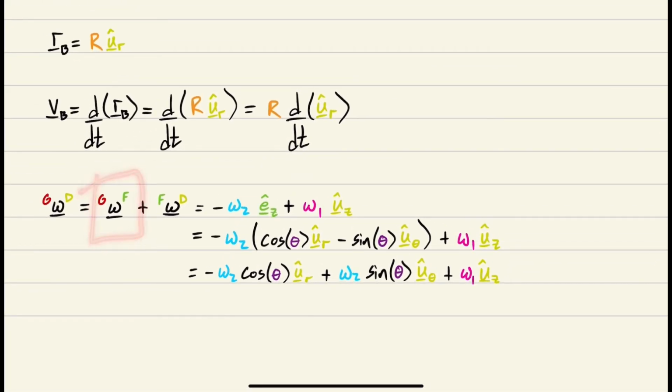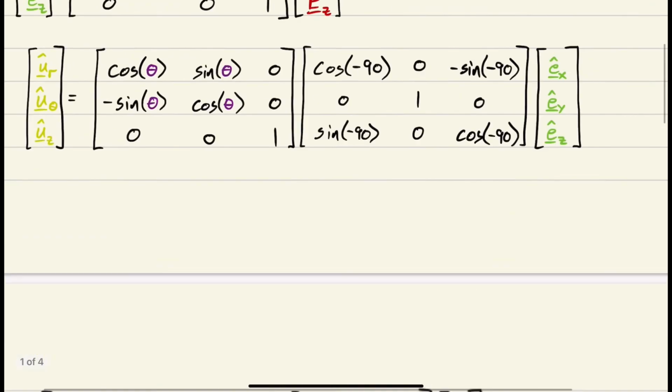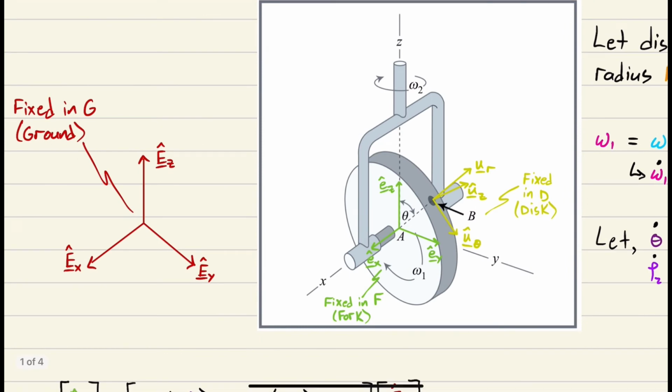F in G, what is that? Well, that's negative omega 2 EZ, right? Because F is rotating like this with respect to G, and that is a negative EZ rotation. So negative omega 2 EZ. And then while we're here, how is frame D rotating with respect to F? Well, you could write it one of two ways.